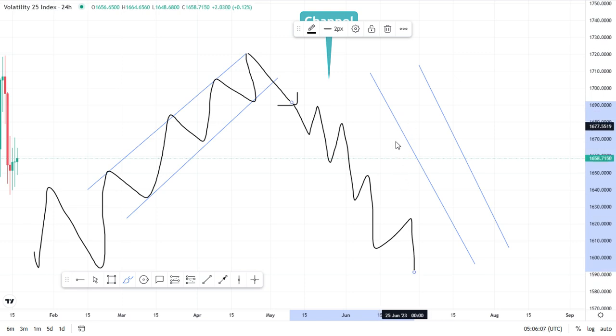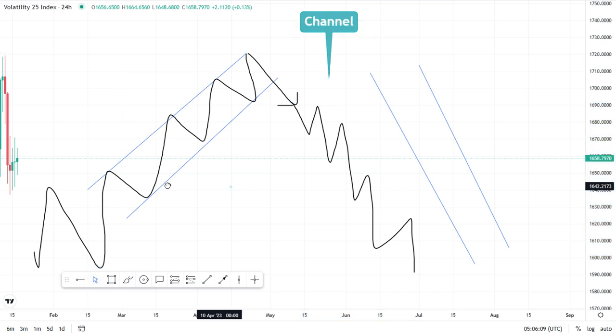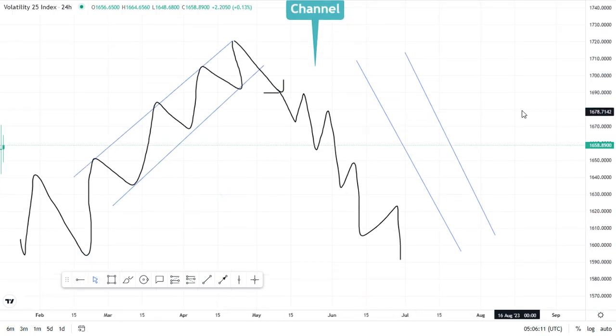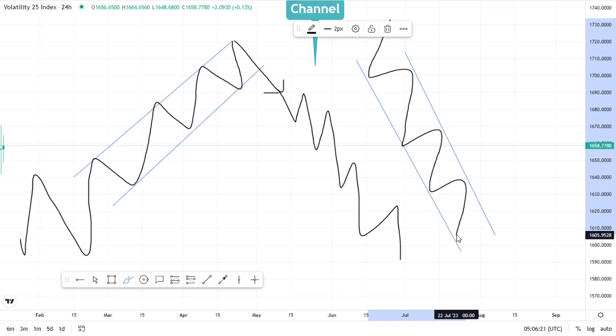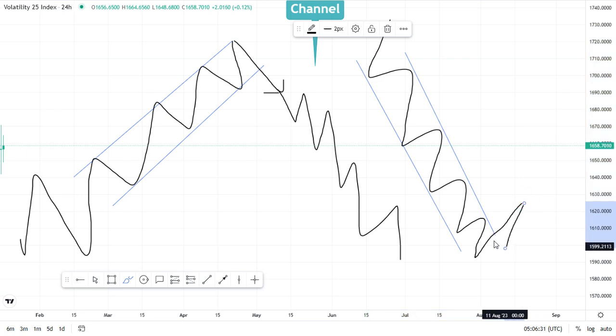Okay, so now the descending, you might have the price push into this, and the price started creating this structure to the downside. Okay, and once the price breaks out of this, the price can actually retest the channel again.